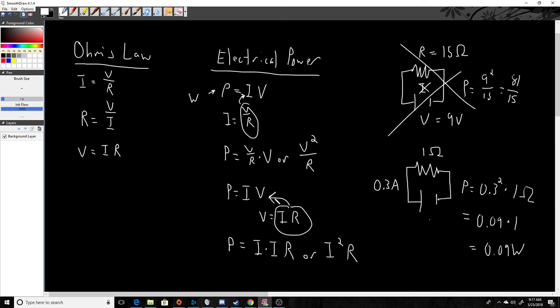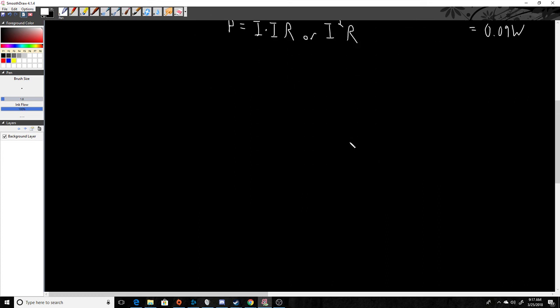Anyway, coming back here, the big takeaway for the electrical power equations is that we have 3 of them. The basic one: power is equal to current times voltage, amps times volts, pretty straightforward.